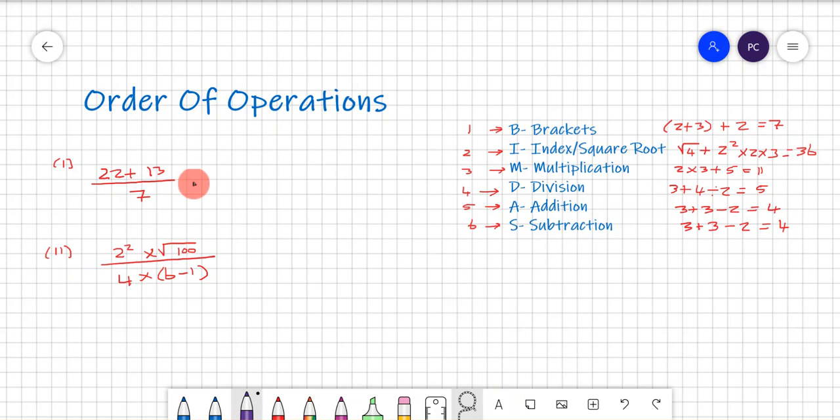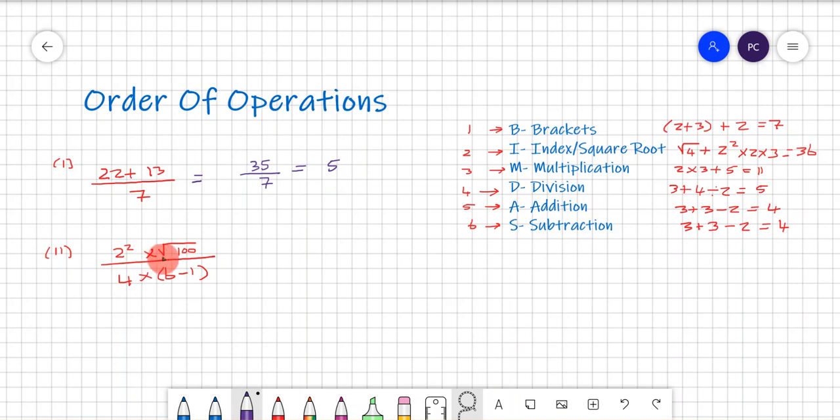So how do we work this out? We would add up the two parts at the top. So it's going to be 22 plus 13, which is 35, divided by 7, which is equal to 5. Okay, so that's the first one.